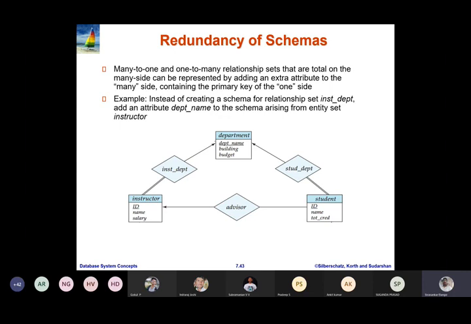So rather than representing a student department relationship set, what does it contain? It contains ID and name. What we do is add the primary key of the one side to the many side, and we will be able to represent this many to one relationship.